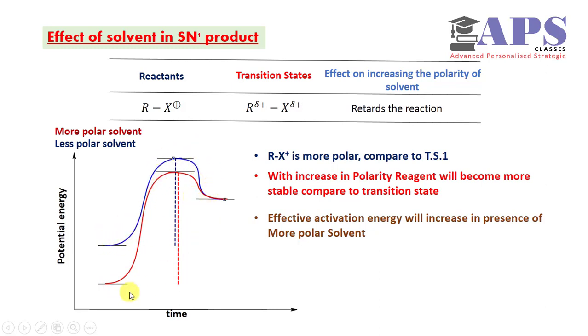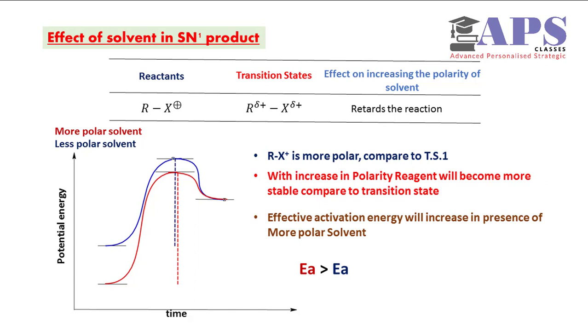Activation energy is higher for the red line compared to the blue line. So it proves that with increase in polarity, activation energy is increasing more and more, and the rate of SN1 reaction will decrease for the second type of reaction.